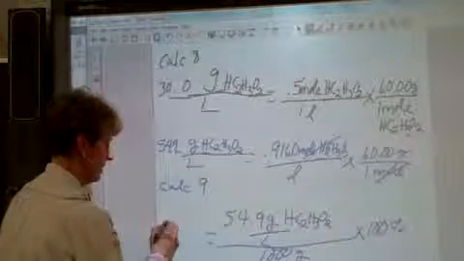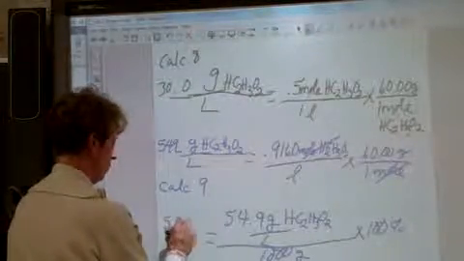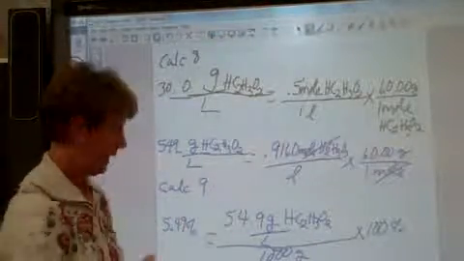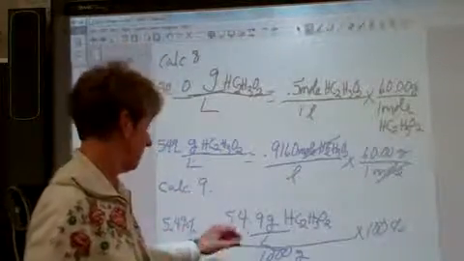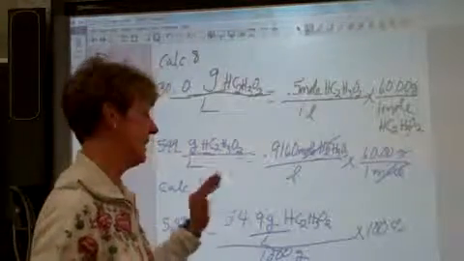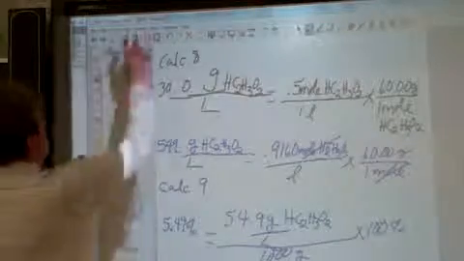We can see this answer pretty quickly, 5.49%. Okay? Again, you need to do that. Do it with your average here, or do it with one of your other trials, because it's not our best data.